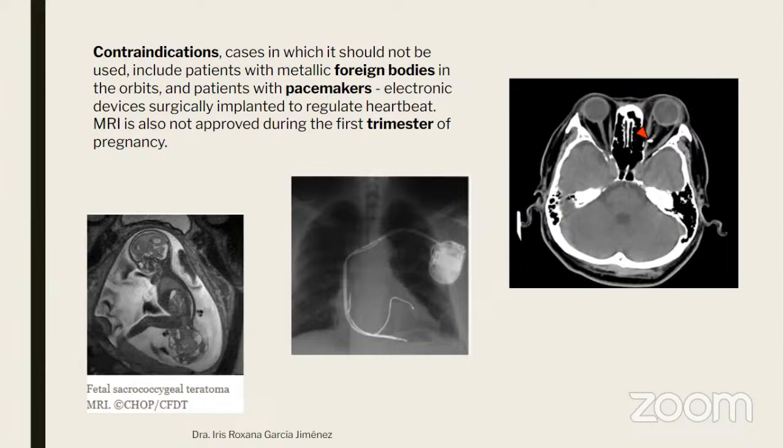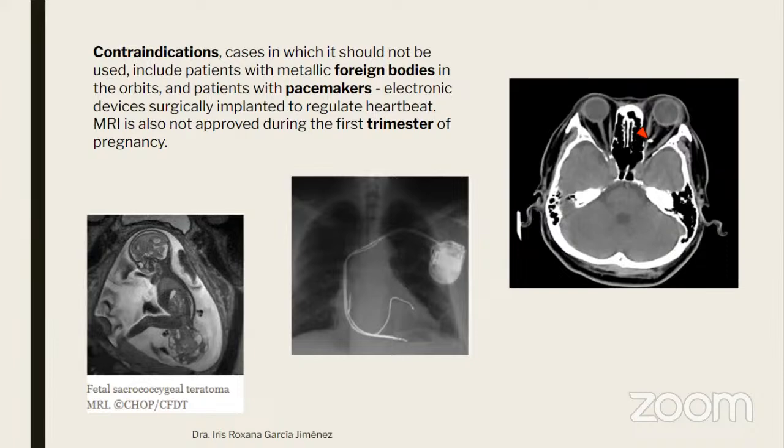And then we've got patients with pacemakers. I mean, that device that is placed on teeth, because they need that.